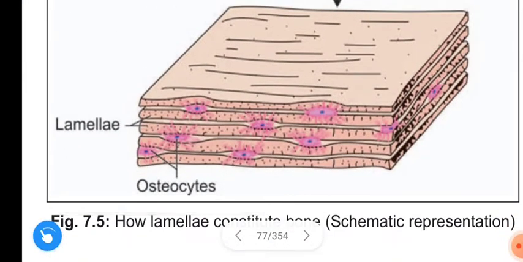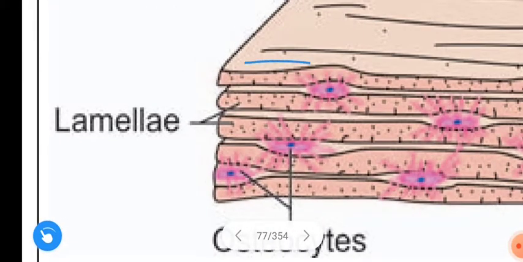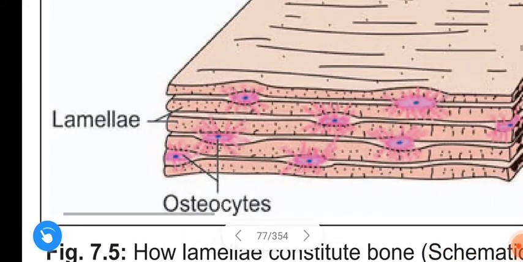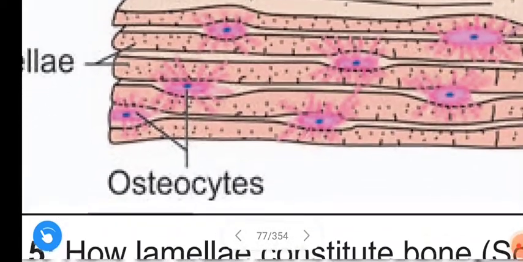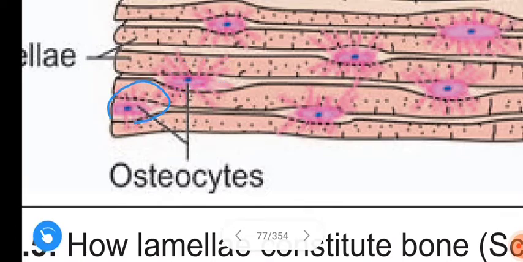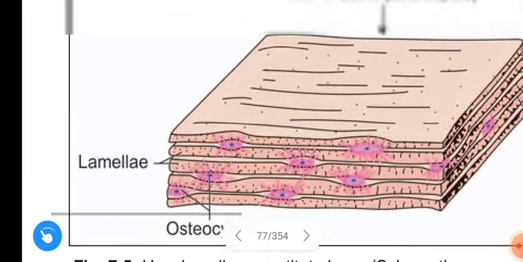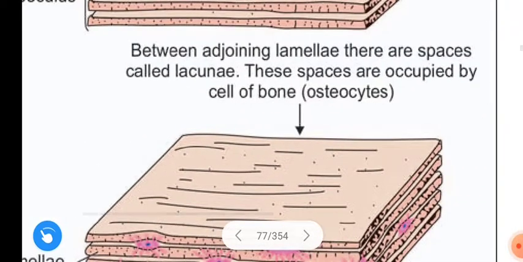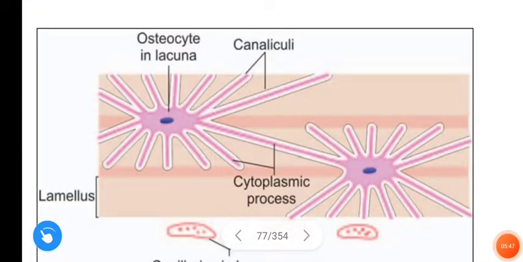See here, these are the lamellae, and the spaces, the lacunae, are occupied by osteocytes. These are the osteocytes. See this figure, guys. You have to remember each lacuna contains one osteocyte.